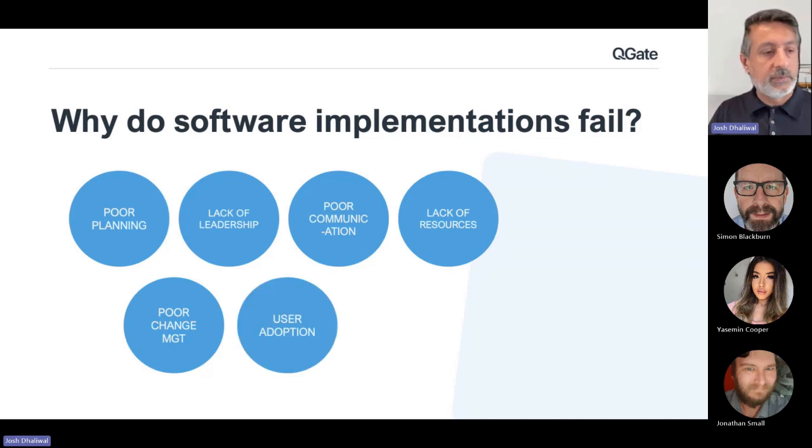The last one I want to talk about here is user adoption. Even a successfully implemented, on budget, on time project can fail if your users don't adopt the new platform or adopt new habits. Change management is important, but so is ensuring your users not only know the why, but the how.